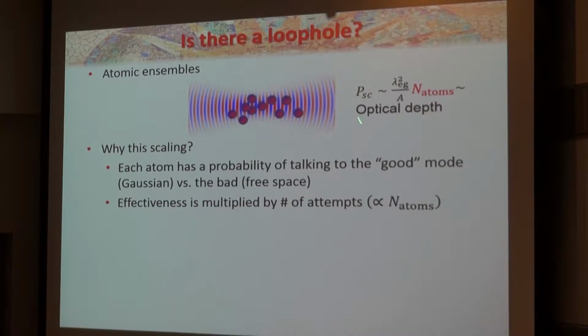This scaling assumes it's a per atom event. Each atom has a probability of talking to the good mode, in this case a photon in a Gaussian beam, versus bad modes, which is scattering into all other directions, 4 pi, or free space. And then the effectiveness is just multiplied by the number of attempts that a photon has to interact with an atom, so it's multiplied up by the number of atoms.